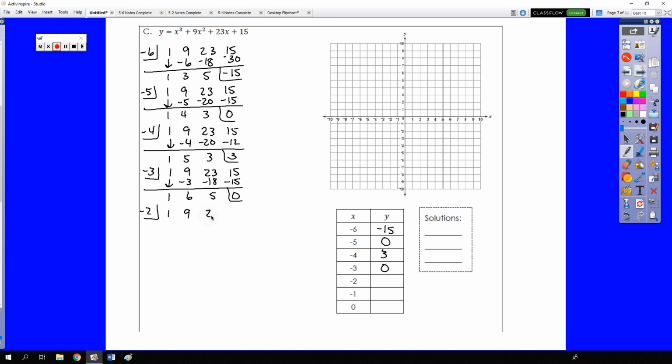1, 9, 23, 15. You see the process by now? So we just run through this thing here. We get -3. -1 goes in the box.